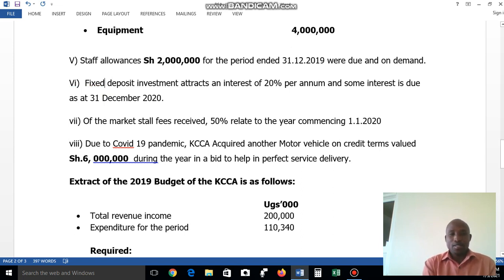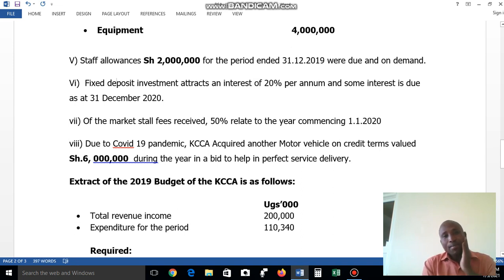Because the fixed deposit investment attracts an interest of this, it means the investment will generate a revenue equivalent to 20% of the total investment value. So this interest is an income being generated from a fixed deposit investment.